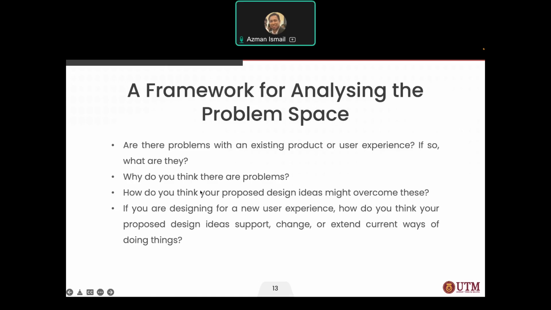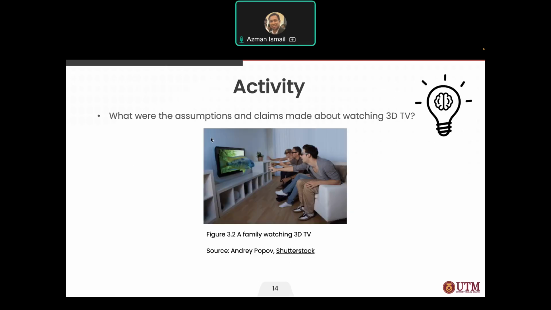If you look into the framework, we have not many choices, but I will give you a few examples after this. You have to look into reality. For example, for 3D television, people assumed that watching television in 3D would be better. But actually, today, 3D televisions are not very popular.